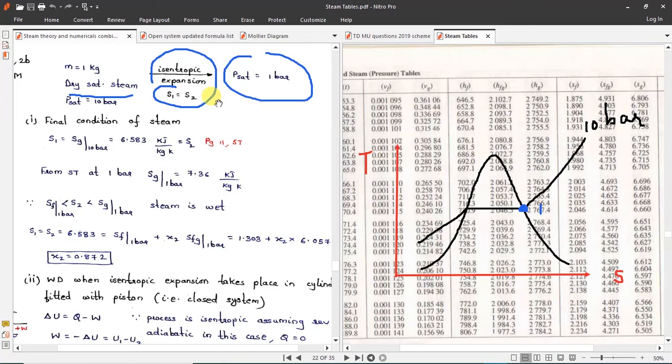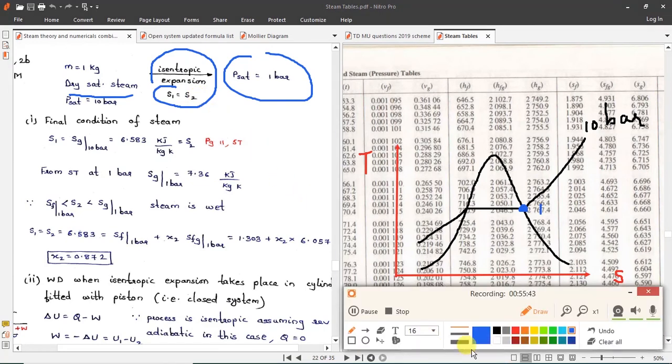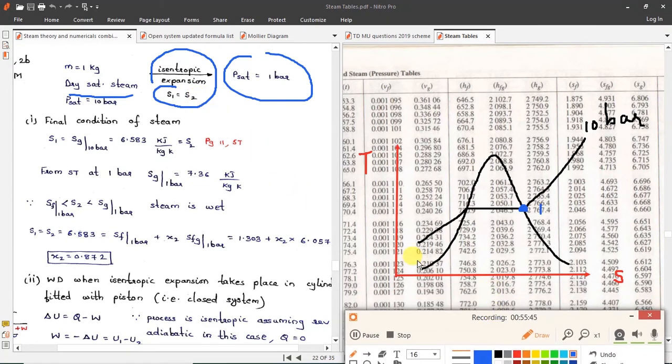Now let me again draw this on the TS diagram. Suppose this is the 1 bar pressure curve. Now for 1 bar pressure, what is Sg? Sorry, not Vg, Sg.